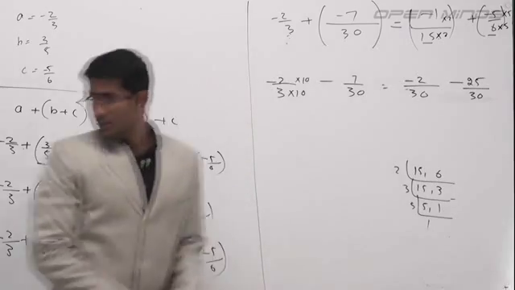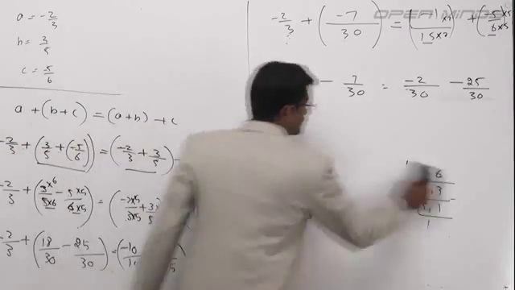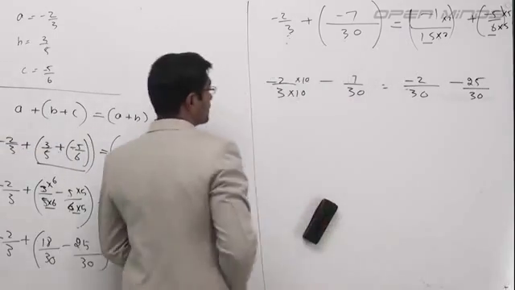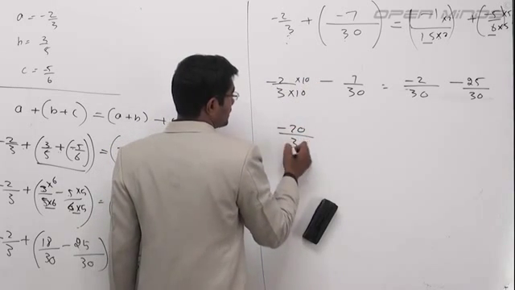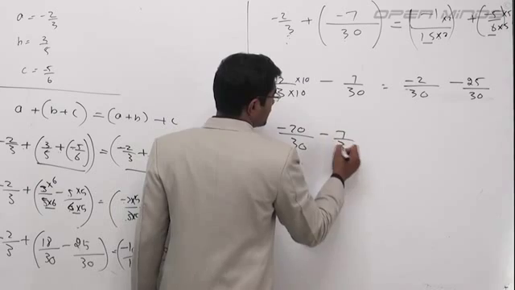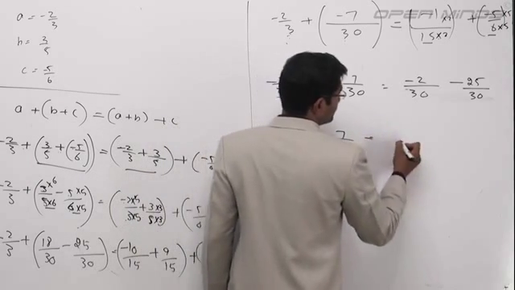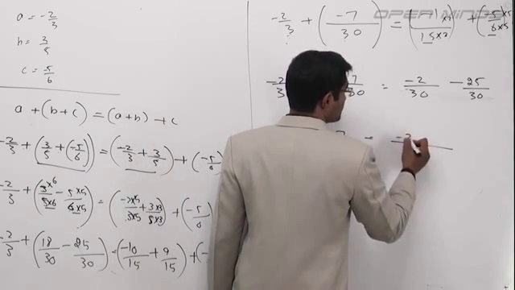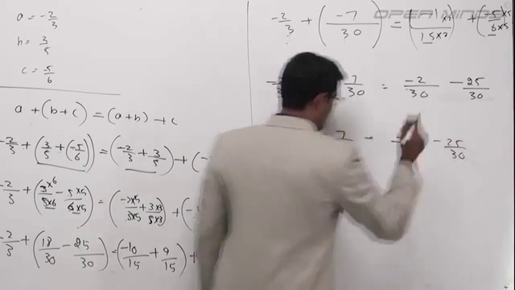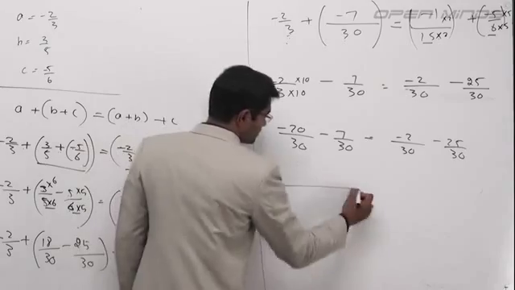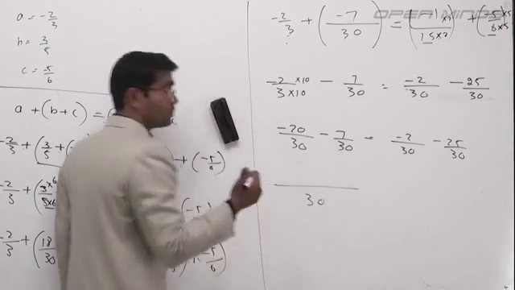We understand this, right? So what's happening here now? Minus 2 into minus 10 is minus 20 by 30, minus 7 by 30 is what I have here. On the right hand side I have minus 2 by 30 and this is minus 25 by 30. The LCM is 30, the same denominators, so write it once.